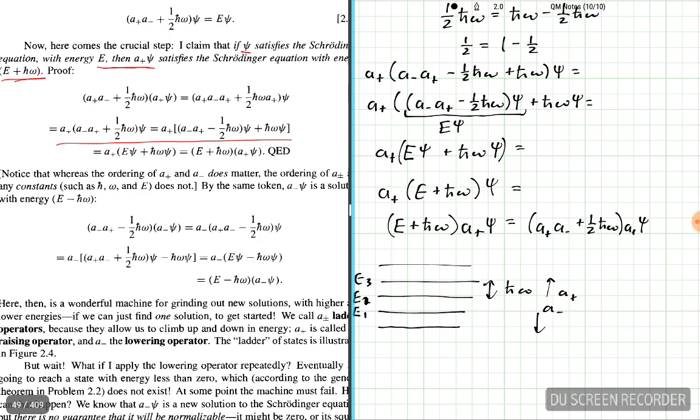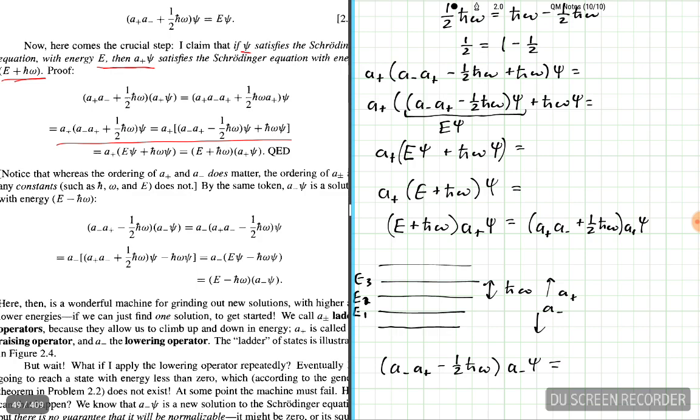And we can do the same proof with the A minus operator. So in that case, we would just choose this guy for our Hamiltonian and have it act on A minus times psi.